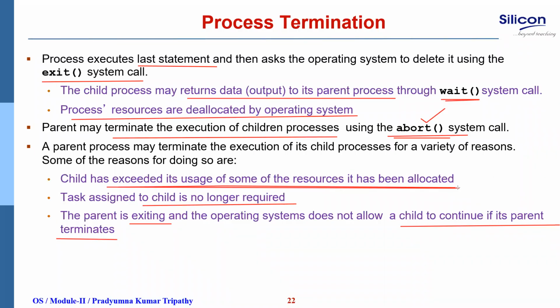Now, due to some reason, the child is allocating more than that, or the child process is allocated one hard disk to access, but it is accessing two hard disks, right? So it exceeds its use of some of the resources it has been allocated. That means it is an illegal operation, and that needs to be terminated. So immediately the parent process will call abort so that the child will terminate.